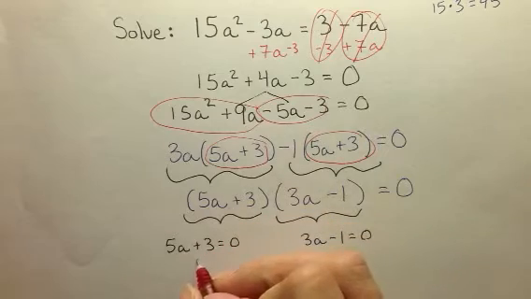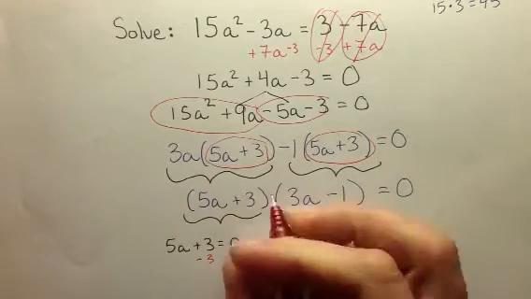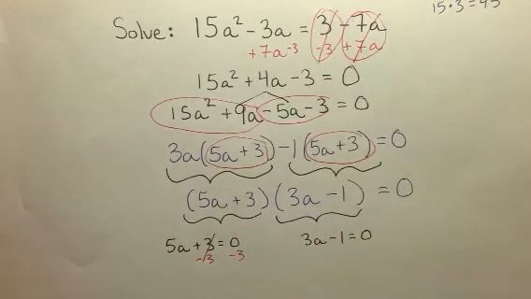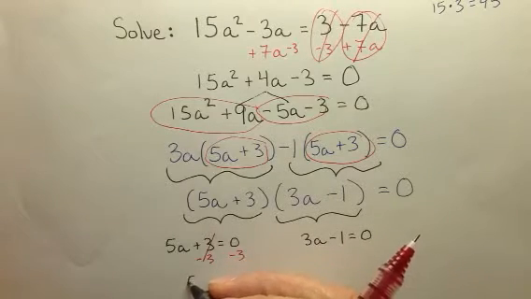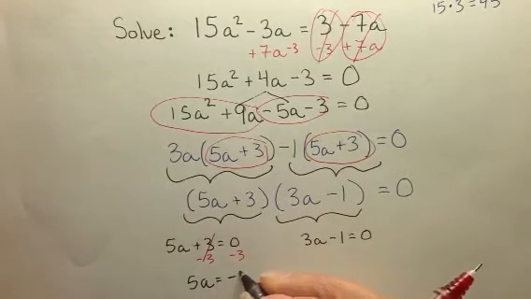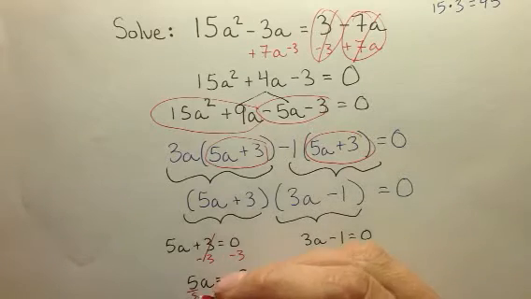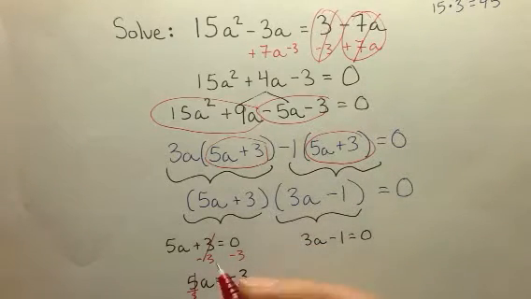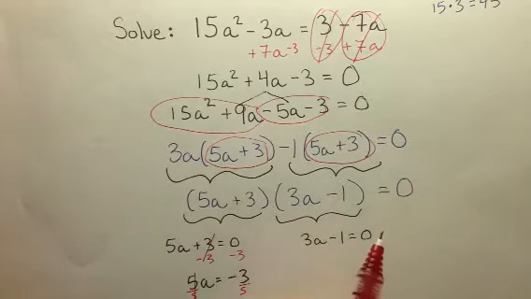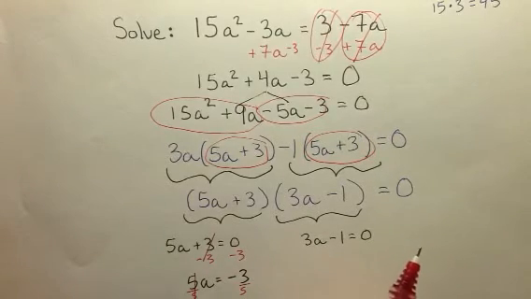So over here I'm going to use my subtraction property of equality to solve. That's going to give me 5a equals negative 3. Now I'm going to use my division property of equality. That's going to give me a equals, I'm going to leave it as a fraction.